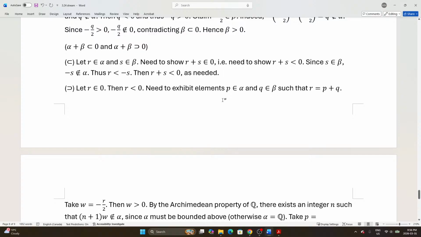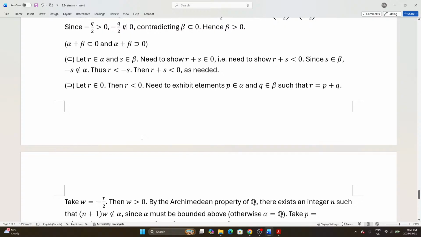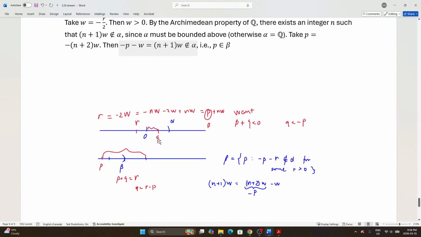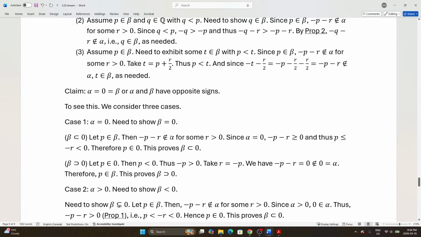If alpha is equal to 0, then the opposite containment, how do I, because the main reason we struggled is because we don't know the relative sign of alpha and beta. And now, based on the claim, we can have cases.